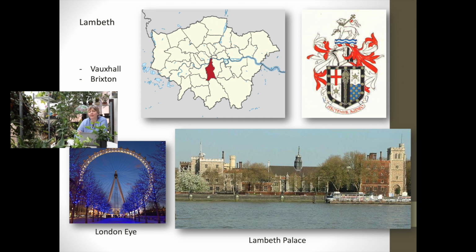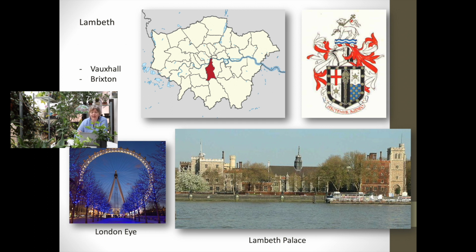Vauxhall was the place of the pleasure gardens, very fashionable place, a park with a lot of entertainments, very fashionable in the 18th century. Now it houses London Eye, this big Ferris wheel that you can ride to see London from above.